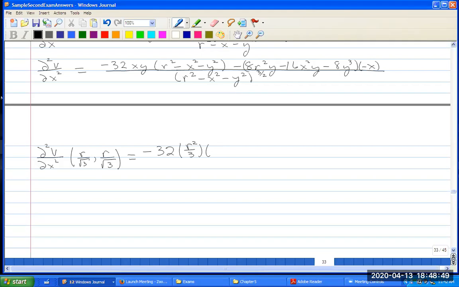And so each of these are r squared over 3. So the whole thing is just going to be an r squared over 3, once I subtract these two out. Minus and minus make this a plus. So this is going to be xy, which will again give me r squared over 3, plus x cubed y. Well, that's like something to the 4th. So that's r to the 4th over 9.